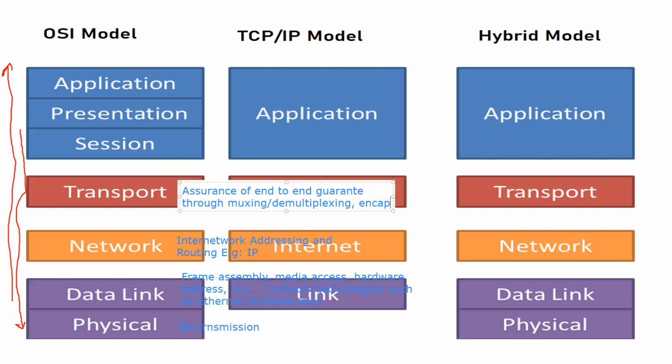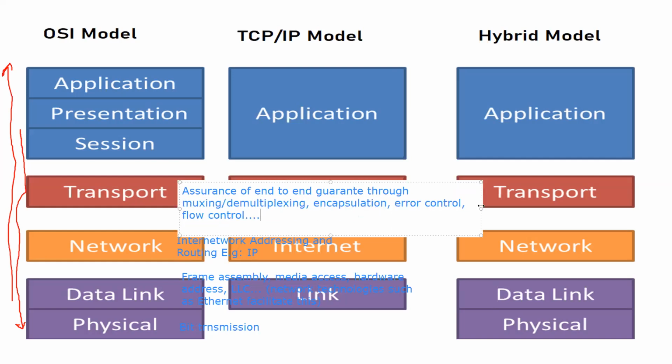You may encapsulate data so that they can have appropriate understanding. Error control, sometimes flow control, etc. You are going to utilize all these concepts in order to assure the end-to-end guarantee. From your future chapters, you are going to see them clearly. But if someone is talking about multiplexing, demultiplexing, I'm focusing on the port address.